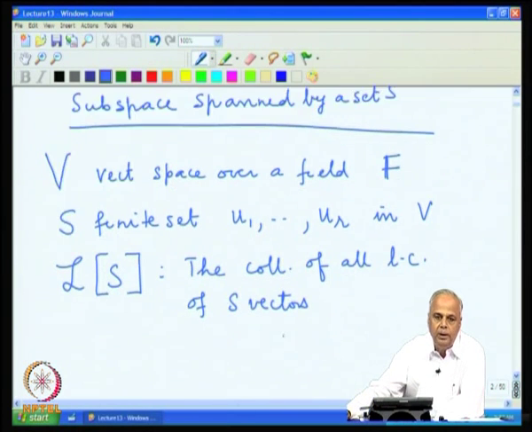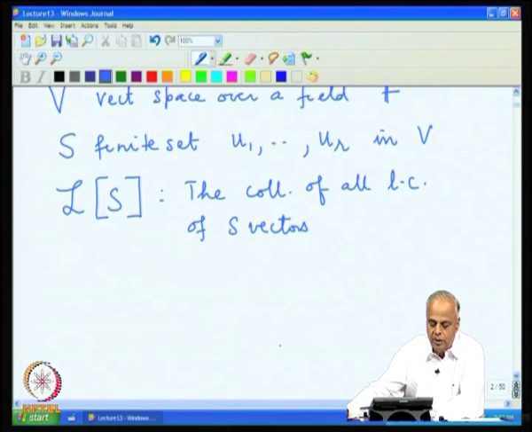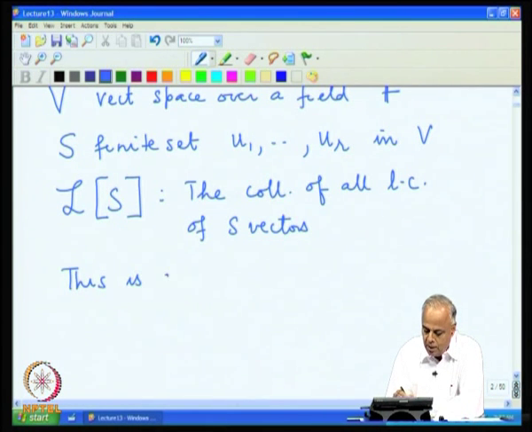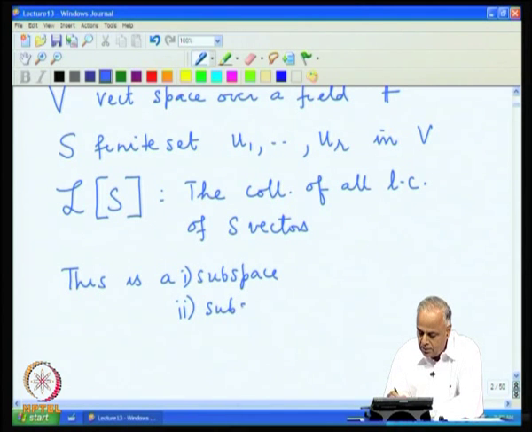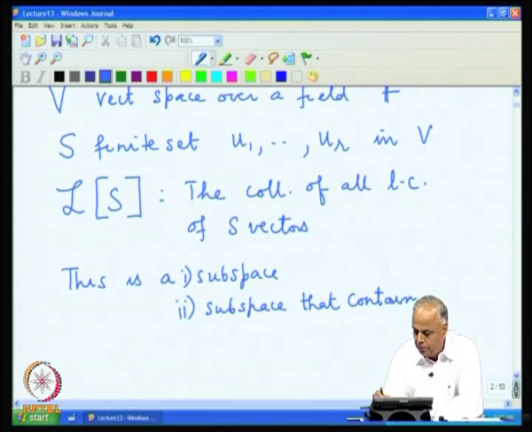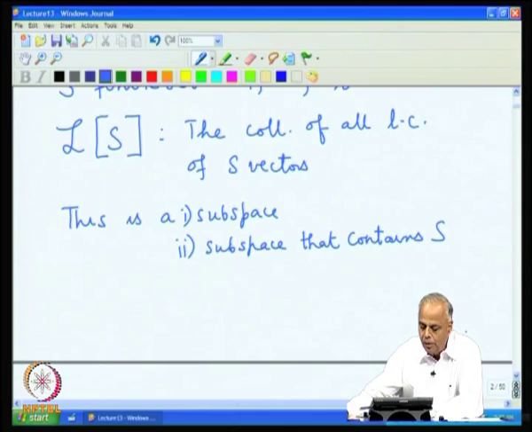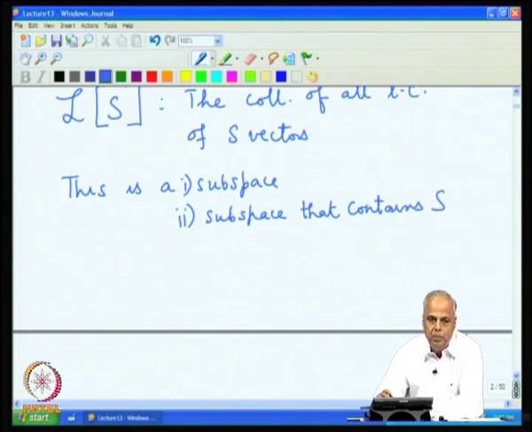The collection of all linear combinations of S vectors is called L(S), and this we have seen is a subspace first, and it is a subspace that contains S, that is S is a part of the subspace, and not only that, among all subspaces that contain S, this is the smallest.